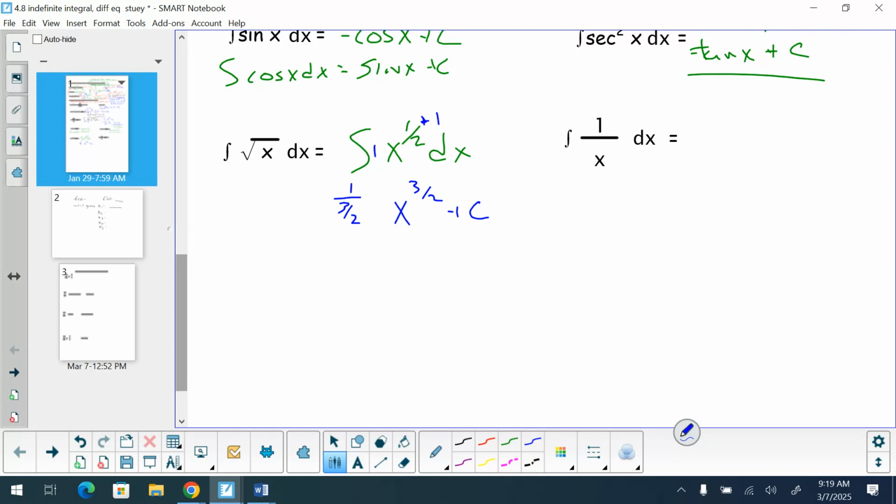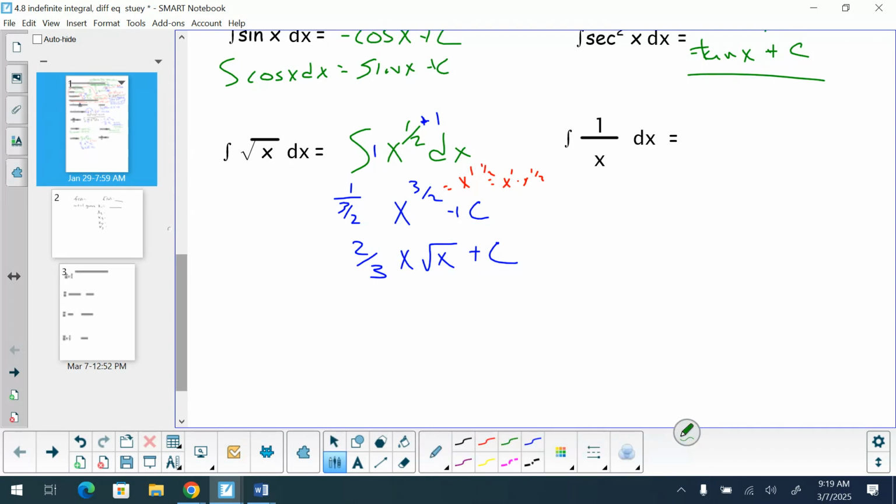So if I have 1 divided by 3/2, this simplifies down to what? 2/3. x to the 3/2 will simplify down to x square root of x, plus c. We have x to the 1 and 1/2, which is x to the first times x to the 1/2. So we have x square root of x.